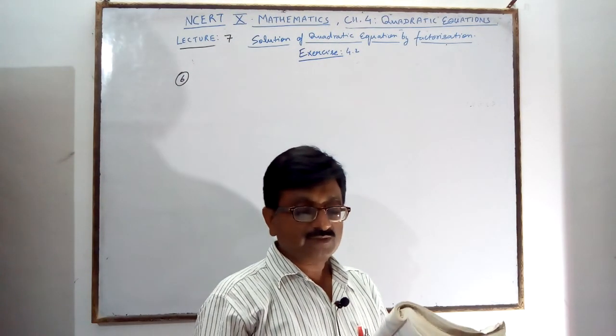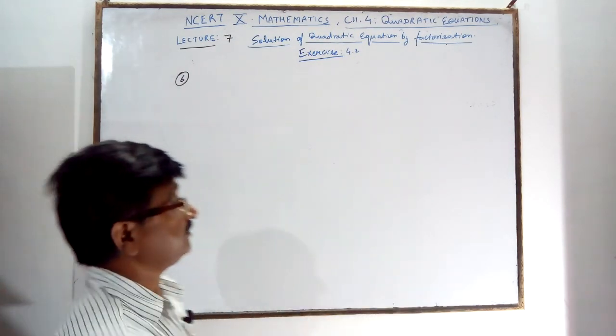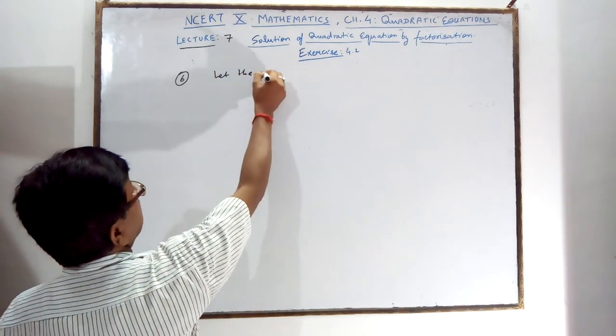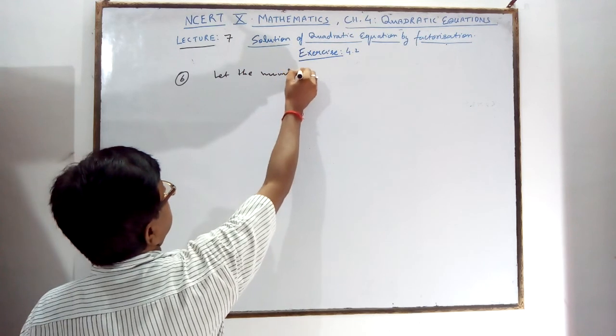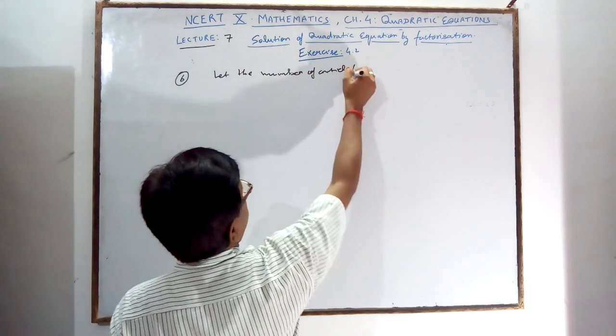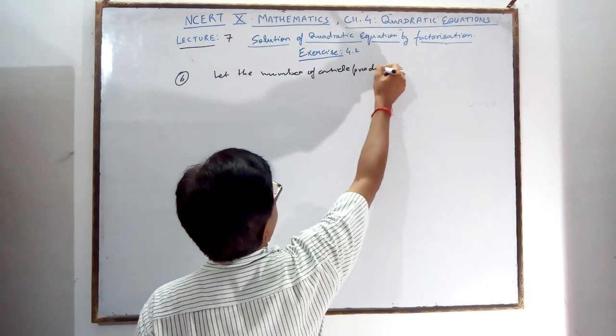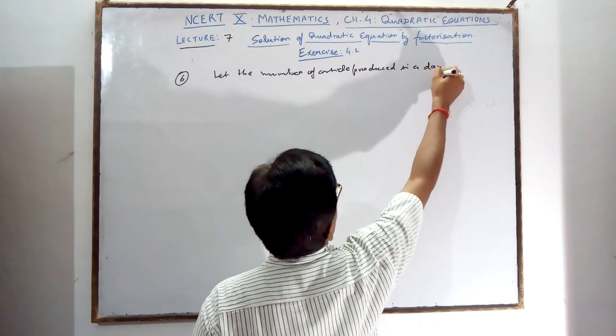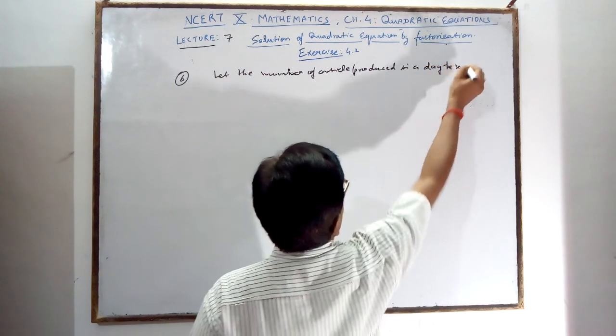Let the number of articles produced in a day be x.